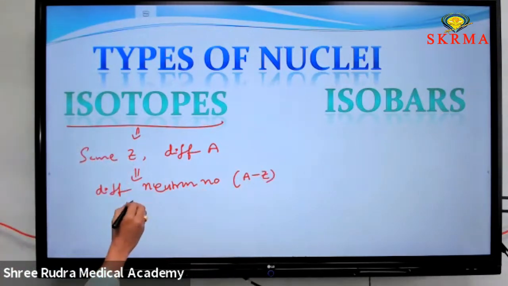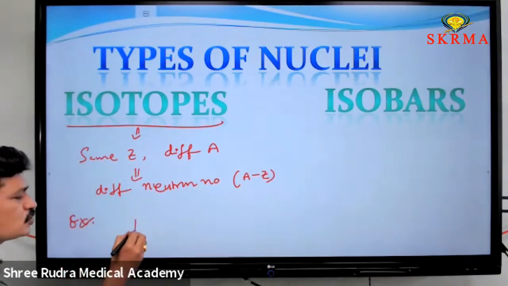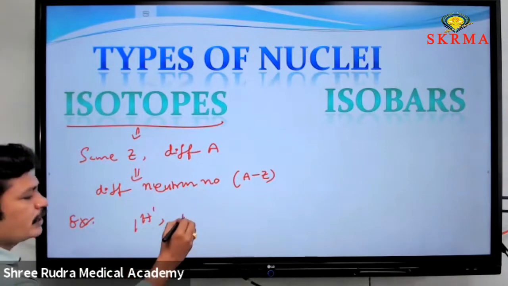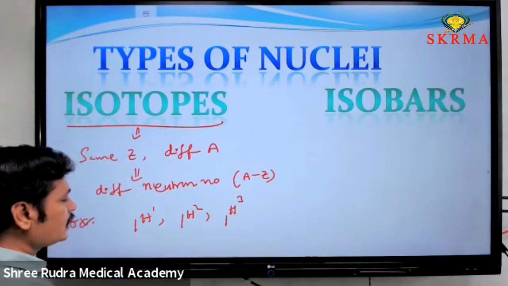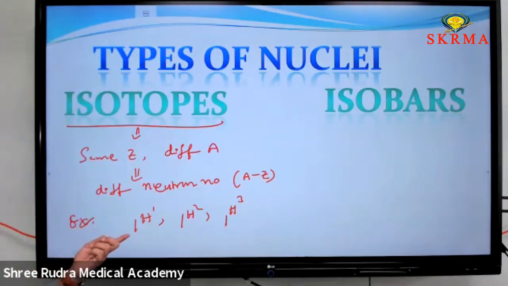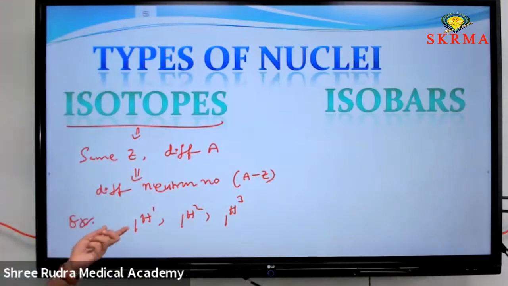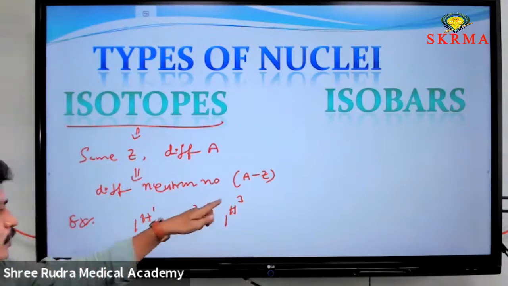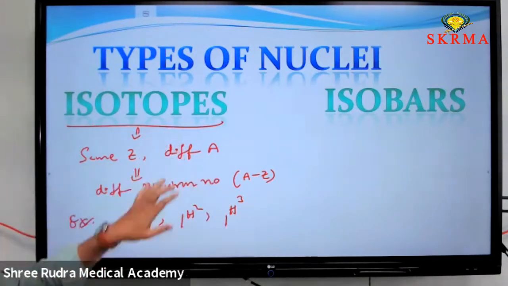And also, if you take examples, what are the basic examples? The isotopes of hydrogen: 1H1, protium, deuterium, tritium. If you consider the subscript here, 1, 1, 1 represents atomic number Z, the same. But if you look at the mass number, 1, 2, 3, different A, those are isotopes.